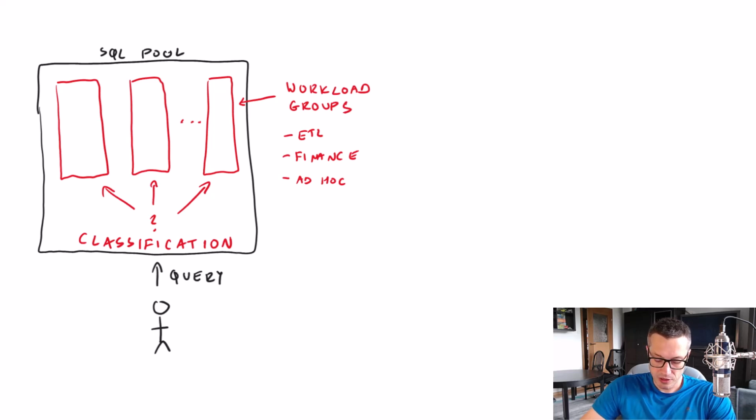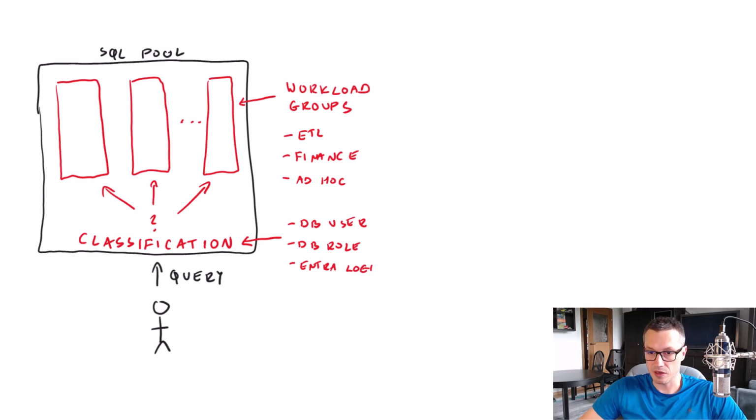And usually what is used to classify a query is the identity of the principal that is submitting the query. So you might use, for example, a database username that executed the query, or a database role that this principal has, or an Entra login.